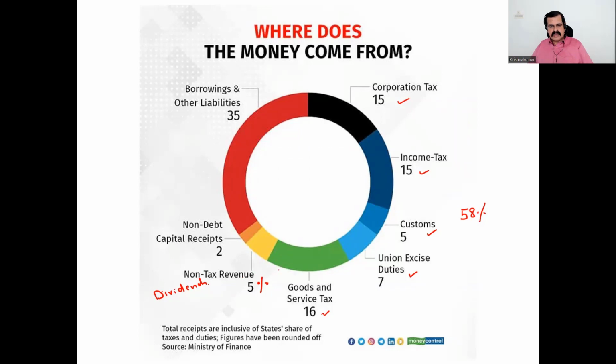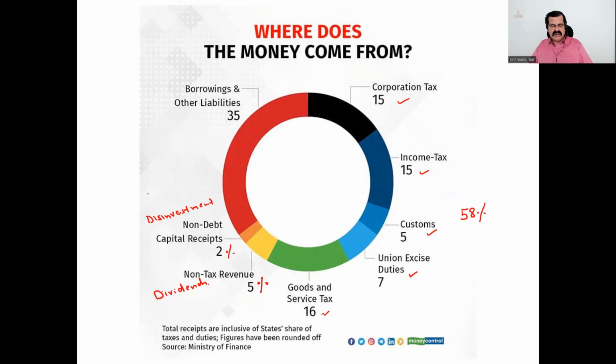Non-debt capital receipts are 2%, and that is primarily disinvestment proceeds, which means the money which comes from sale of shares of public sector companies.